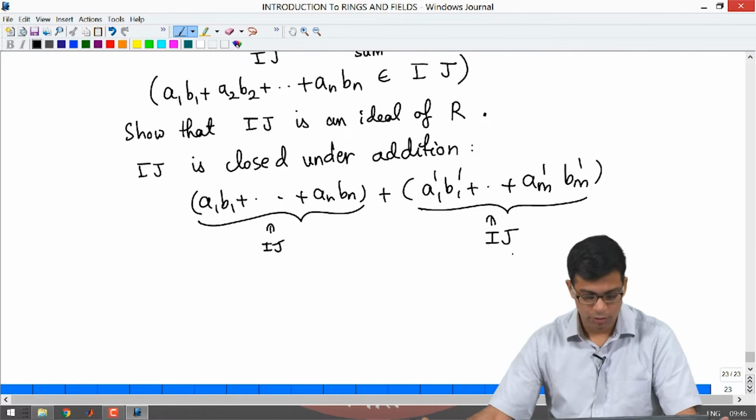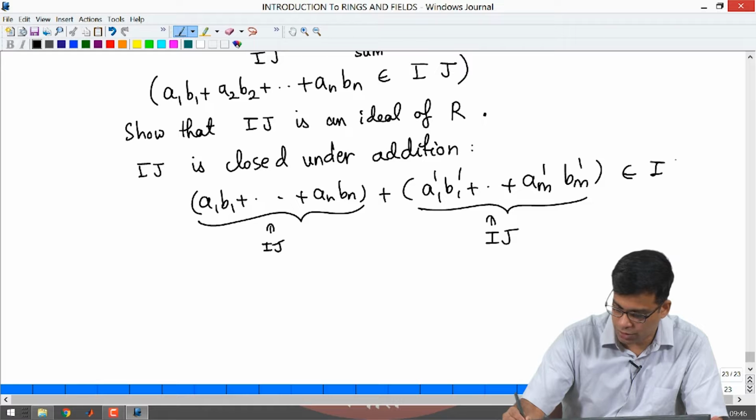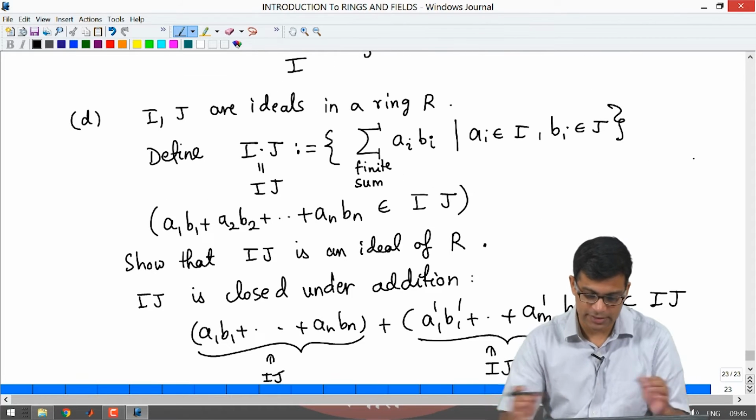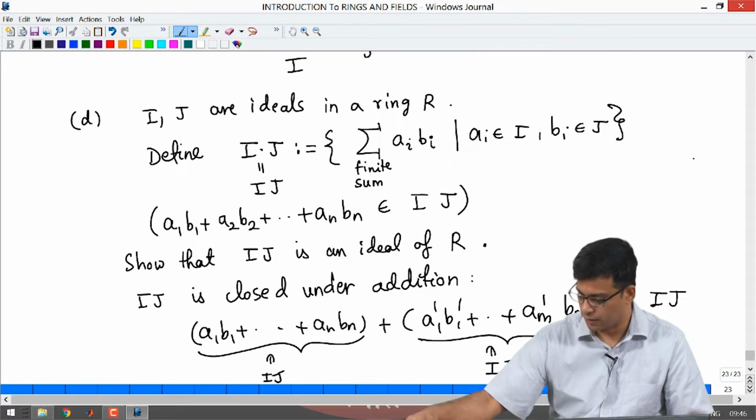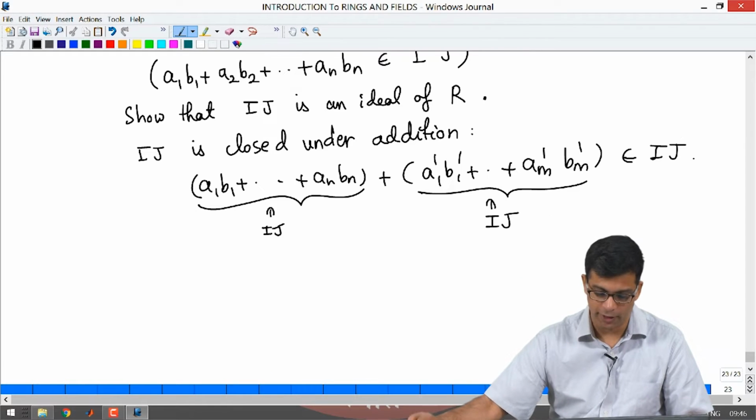Their sum obviously will be in IJ, because what is IJ? It is finite sums of this form. So you just put them all together and it is in IJ.